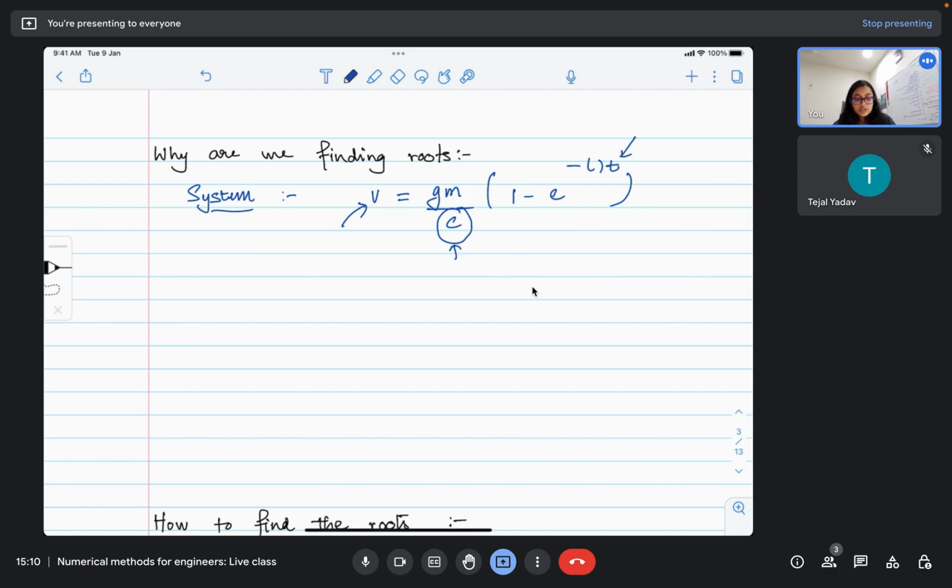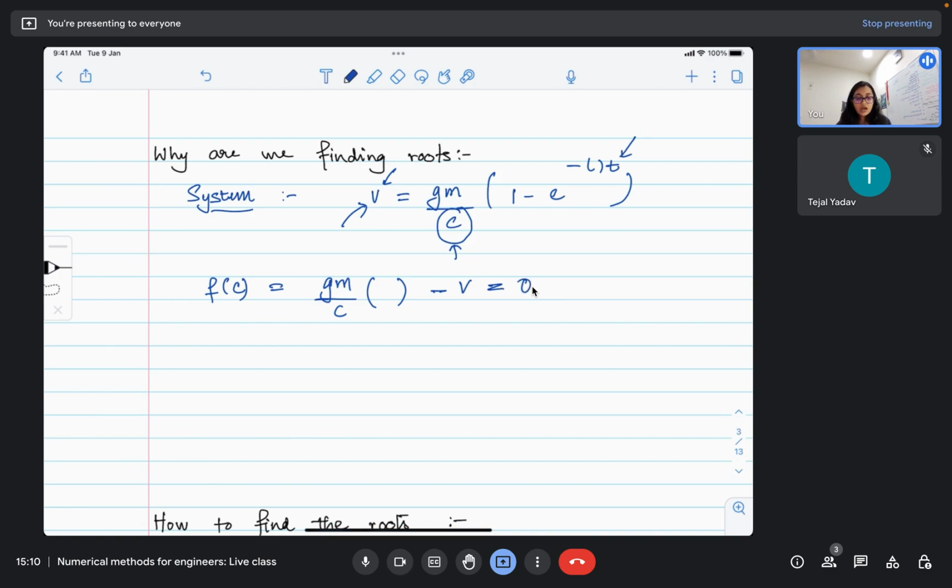In order to find the value of C, we rearranged the whole equation and wrote this entire function as a function of C, in which the RHS stays as it is, but the LHS is subtracted and written in this form, and the entire expression is equated to 0.